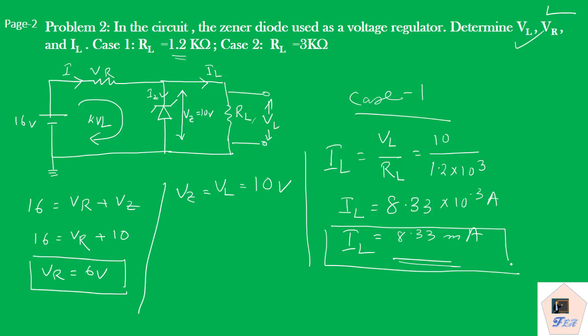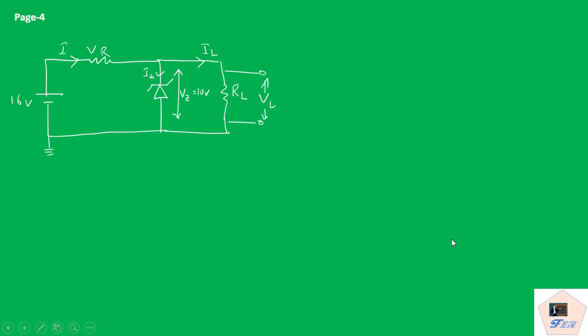Okay, so now we shall go for the next one. The same case, all the parameters are same, only we have now RL value which is 3 kilo ohms. So voltage across the VL is not changing because Vz is not changing. So we are having IL equal to VL by RL.